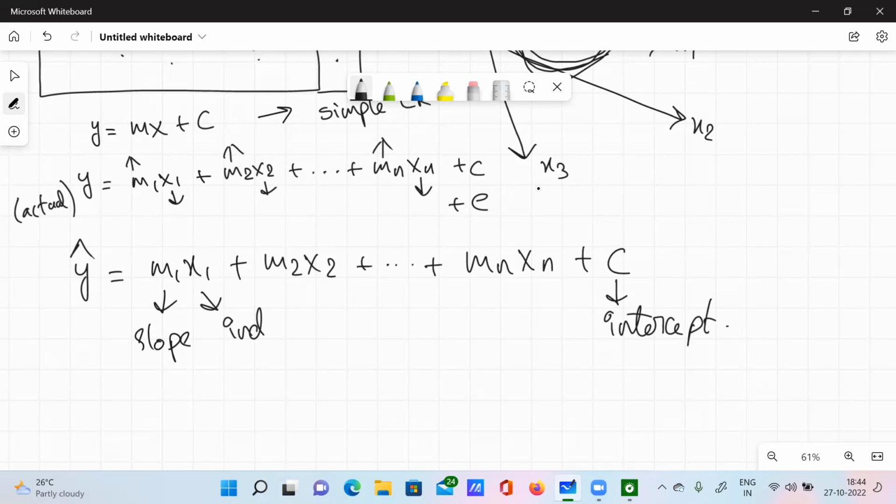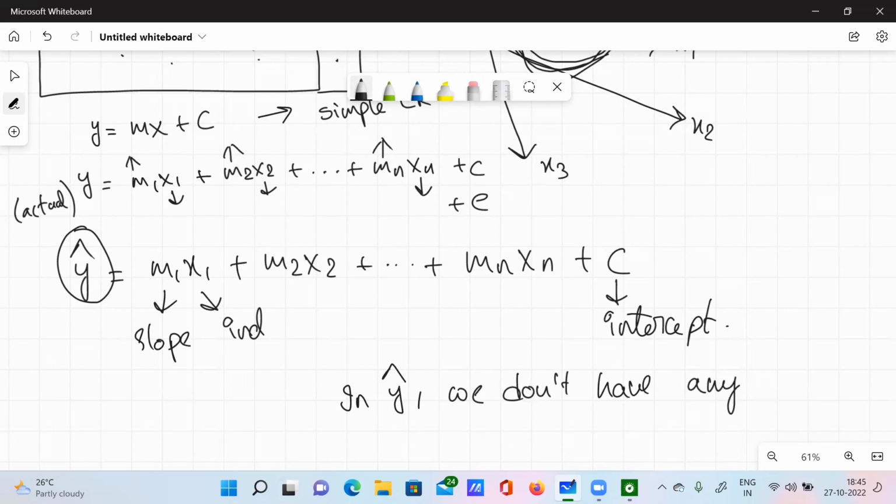In the predicted model, that is in y hat, we don't have any e, that is error, right?